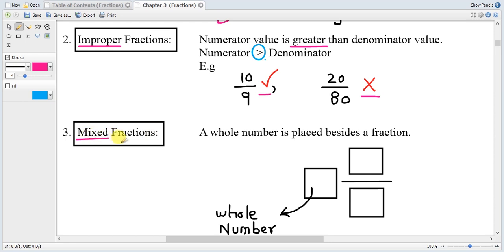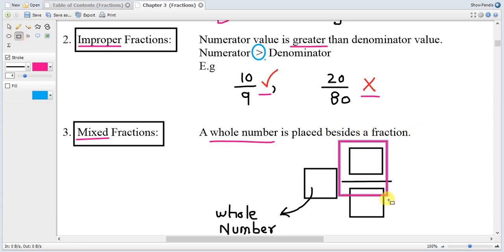Now a mixed fraction is a fraction in which you have a normal fraction, which is the numerator part and the denominator part, but besides that there should always be a separate number, which we name as a whole number, right? So a whole number is placed beside a fraction.